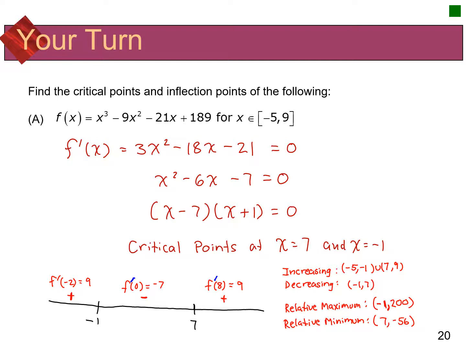So a little note here. F of -1 was 200. F of 7 was -56. And that's how I calculated those y values. So I know it was a relative maximum at -1, 200. I know it was a relative minimum at 7, -56.